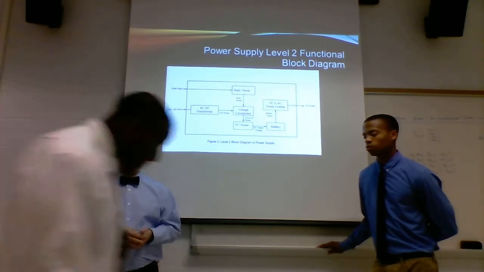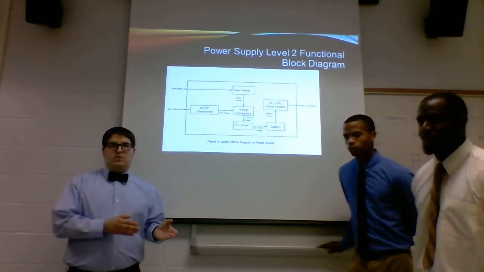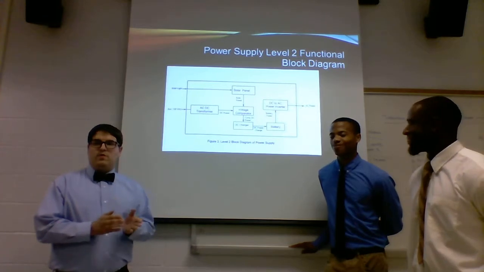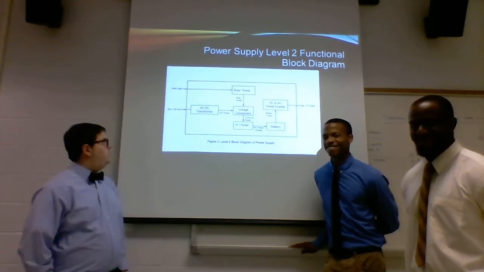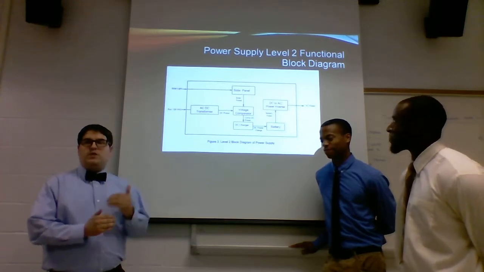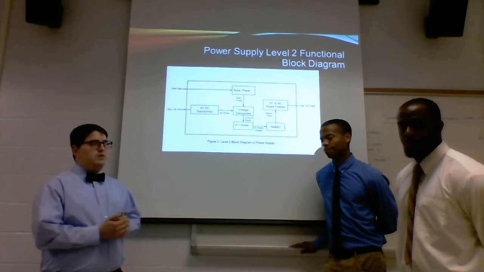The solar panel will take the ambient light, whether it's from indoor or outdoor lighting, and convert it to that DC power. The voltage comparator will then take whichever voltage is better and send the power to the DC charger.